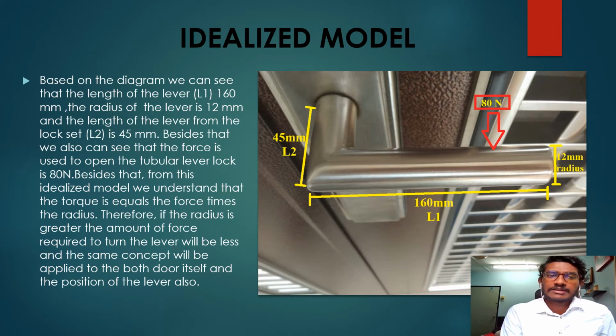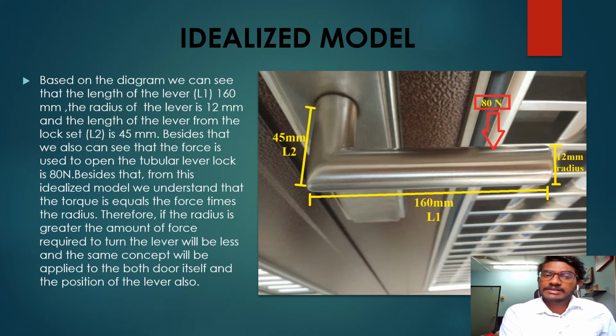The length of the lever L1 is 160 mm and the radius of the lever is 12 mm, and the length of the lever from the lock set, L2, is 45 mm. We can also see the arrow there, a force of 80 Newton, used to operate the tubular level lock.